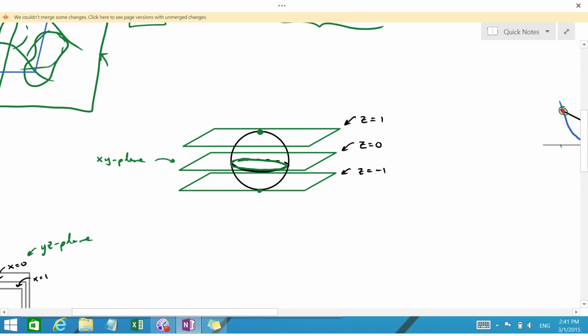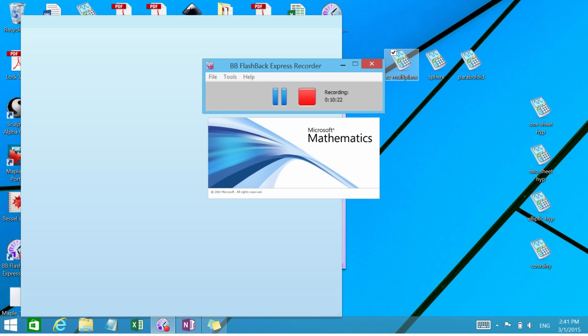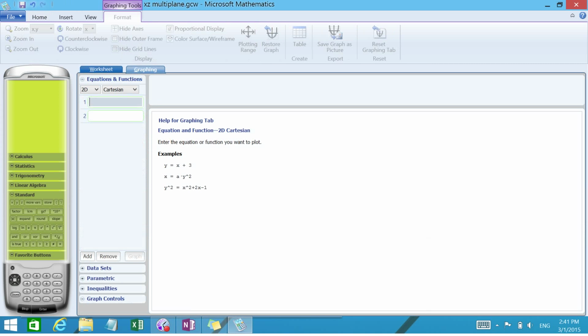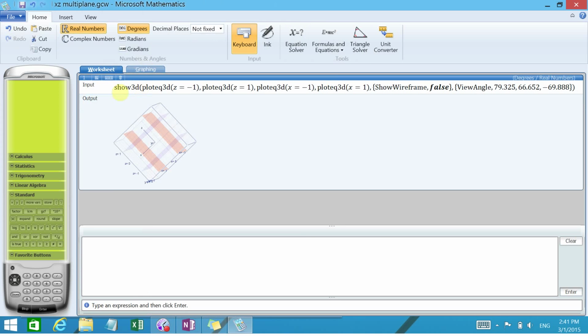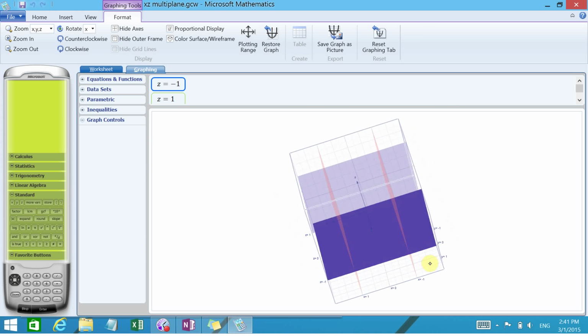So let's go open up Microsoft Mathematics here, and let's take a look at a couple of pictures. First of all, I drew the parallel planes separately. You might be wondering, what do they look like all at once? So let's just quickly take a look at what that should look like. Okay, so here I've drawn the x constant planes and z constant.